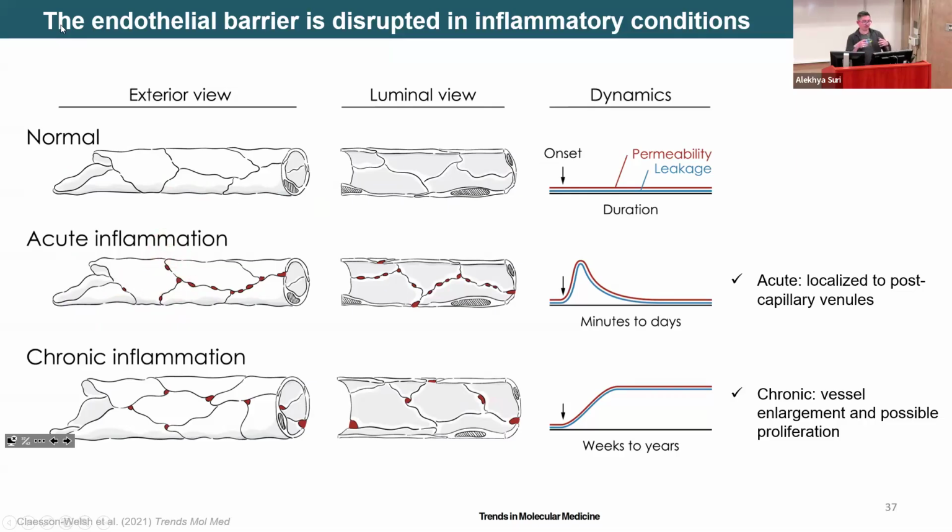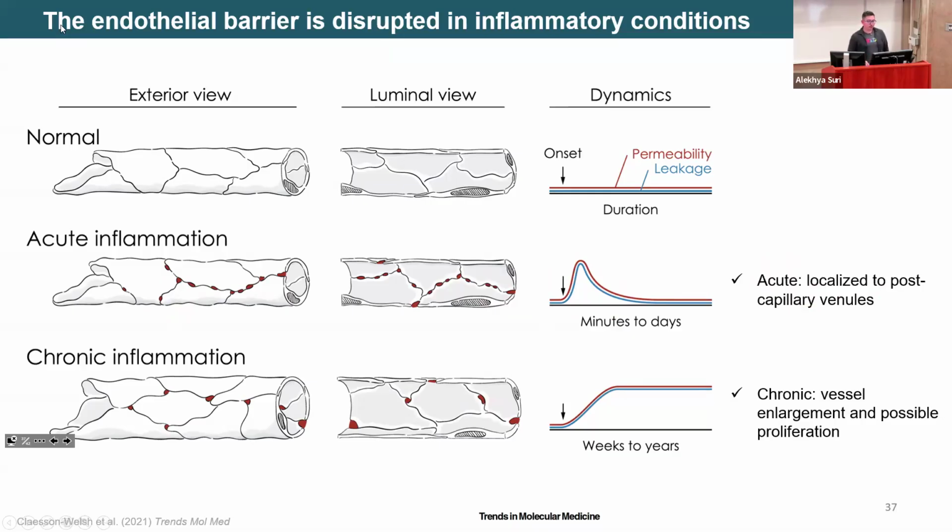So you see that the intercellular junctions are transiently open, and that causes an increase in permeability and an increase in leakage, but this lasts for a very limited period of time, right? We're talking about minutes. In the worst case scenario, it lasts a day or two. And this is something that's mediated exclusively by endothelium in the postcapillary venules, and I'm gonna tell you why.